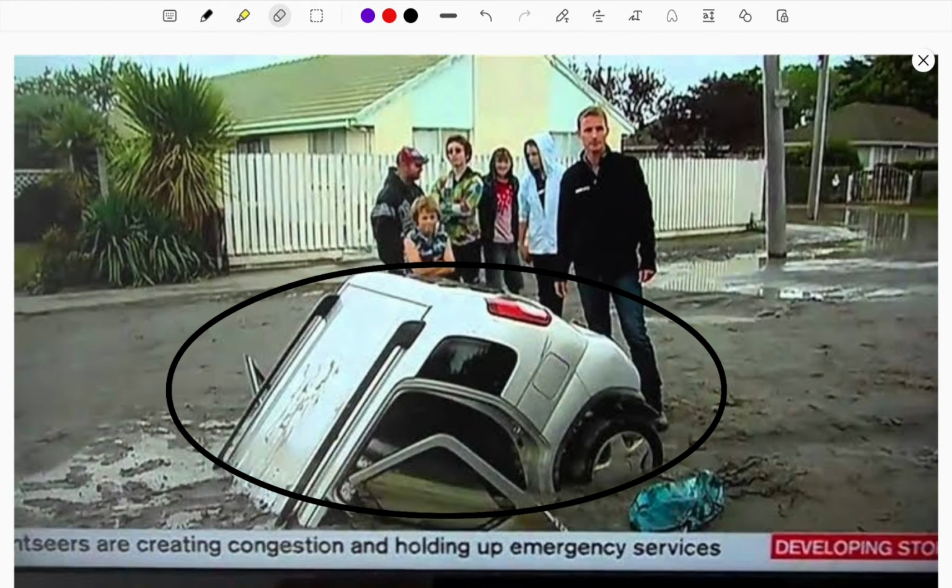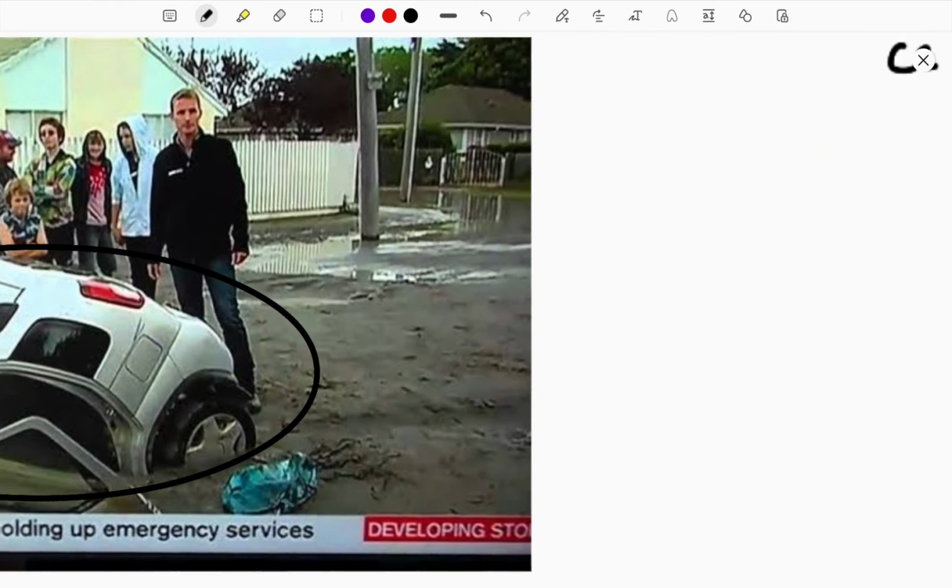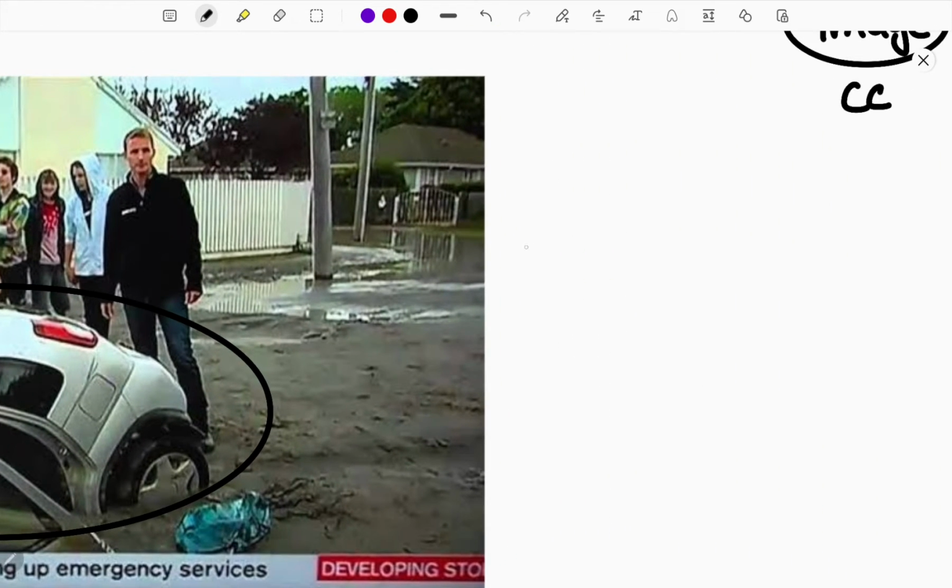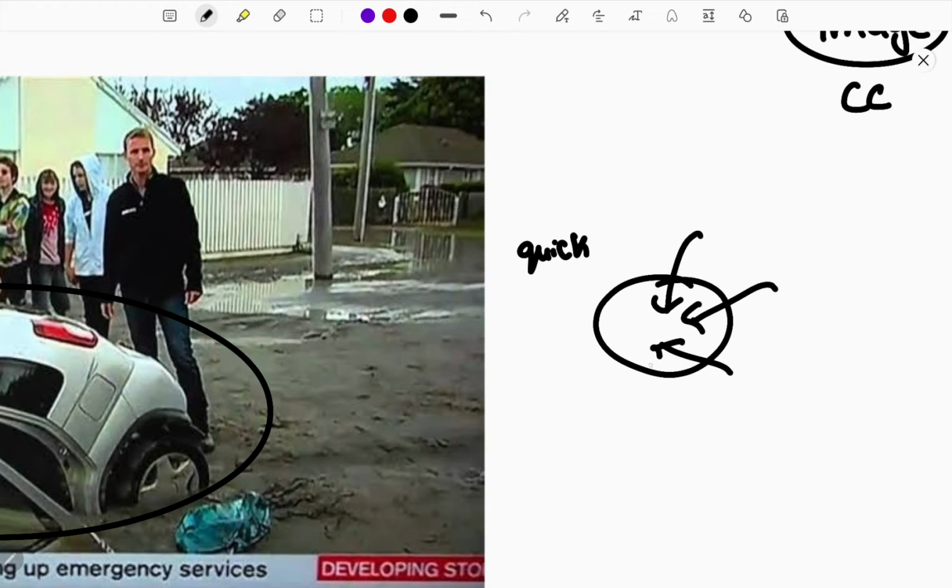The subsurface soil gets liquefied, and slowly the car gets sucked inside. Let me also provide a few related examples. For example, quicksand, which you will hear about mostly in forest areas. If anyone goes into it, it is soil but not strong or stiff soil.